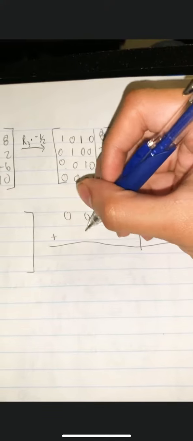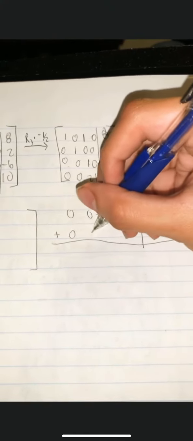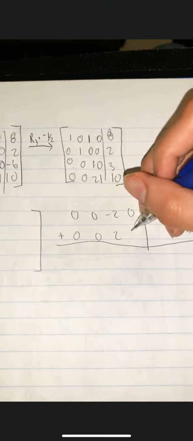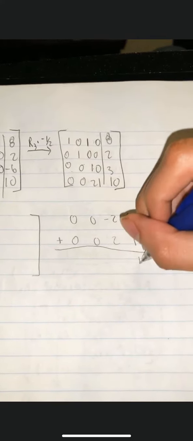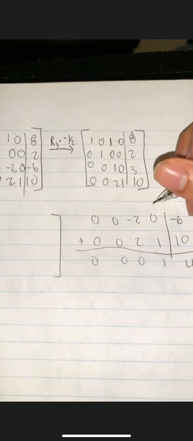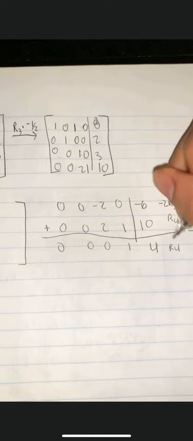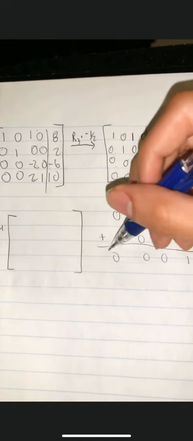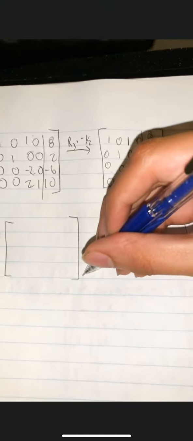So row 4 looks like 0, 0, 2, 1, 10. So we'll be getting 0, 0, 0, 1, 4. So this is the new row 4, which will be going right here, right?